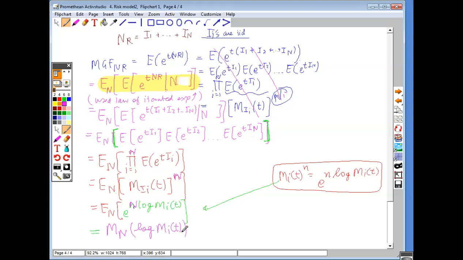Does this make sense to everyone? Oh, and I think I forgot a little something here. It's not just small i, it's a capital I. Okay. Do I have everyone?